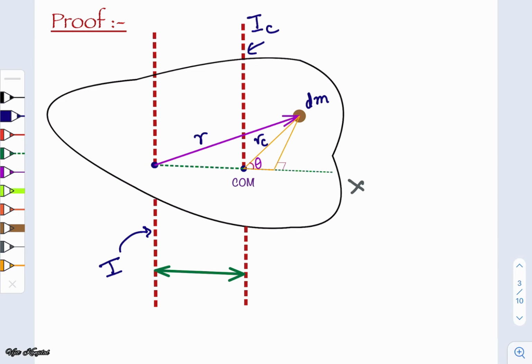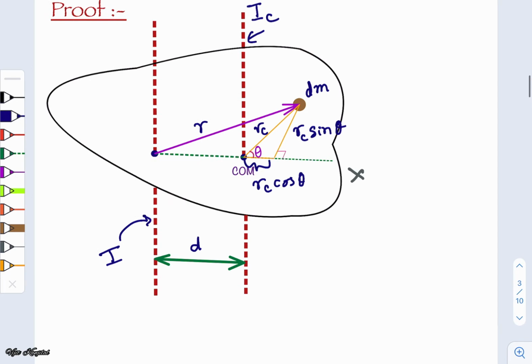So this length is rc sine theta, and this length is rc cosine theta, where this angle is theta. Now the distance between these two parallel axes is d. So we can clearly write r squared is rc sine theta whole squared plus d plus rc cos theta whole squared. This is simple Pythagoras theorem.